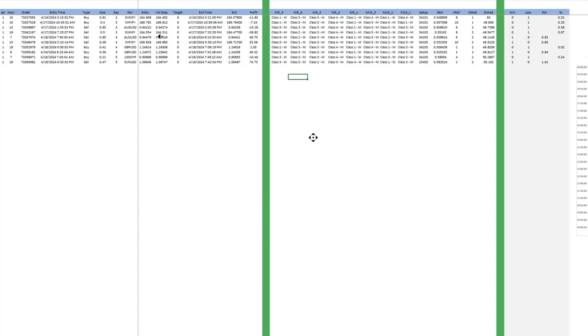Where things start getting a little bit more interesting are on initial stop. This is not something that you will typically have in a MetaTrader report. So this is the stop that was calculated for your initial risk based on your initial stop setting. Be that the fractal stop or the ATR stop, this is what has been calculated.